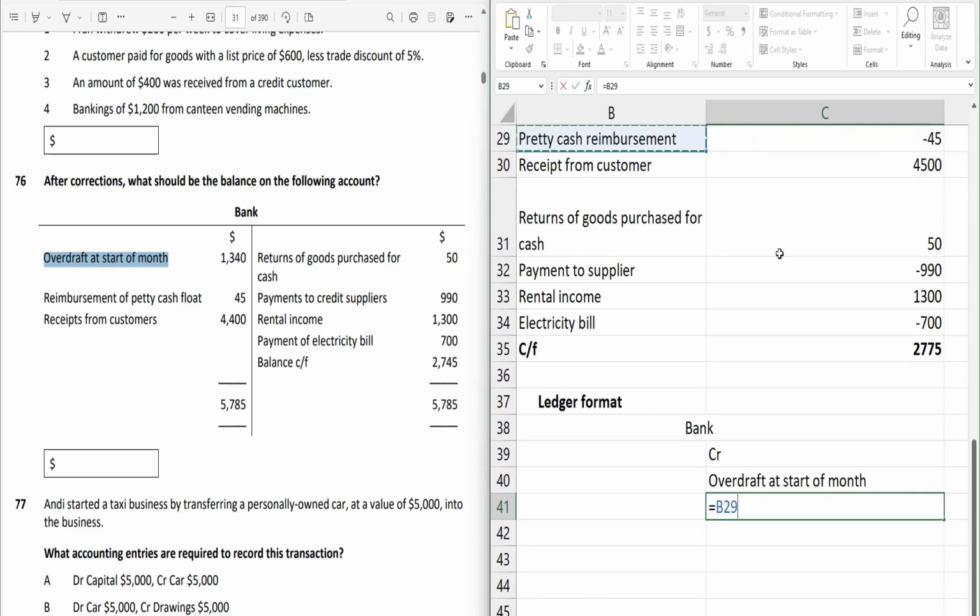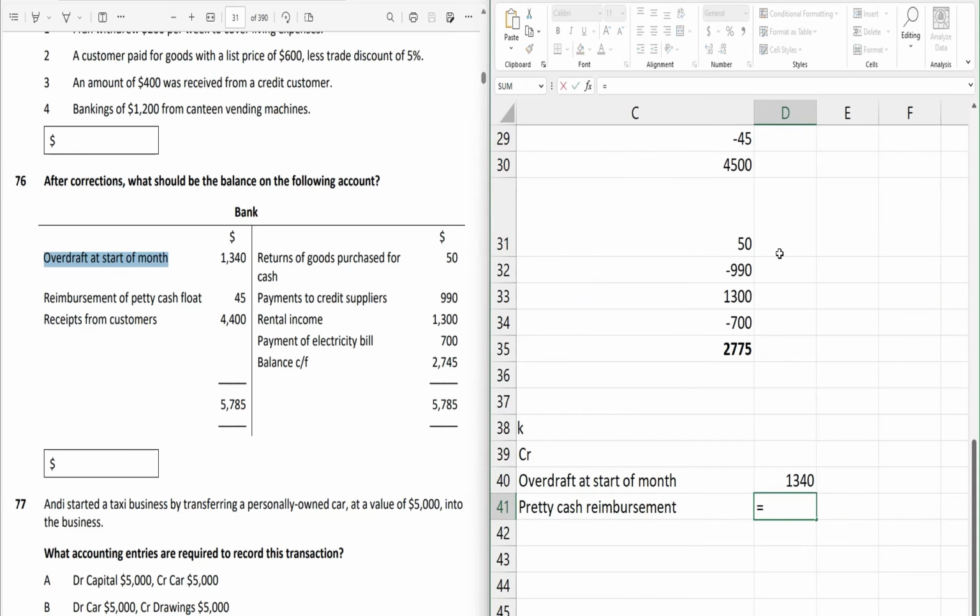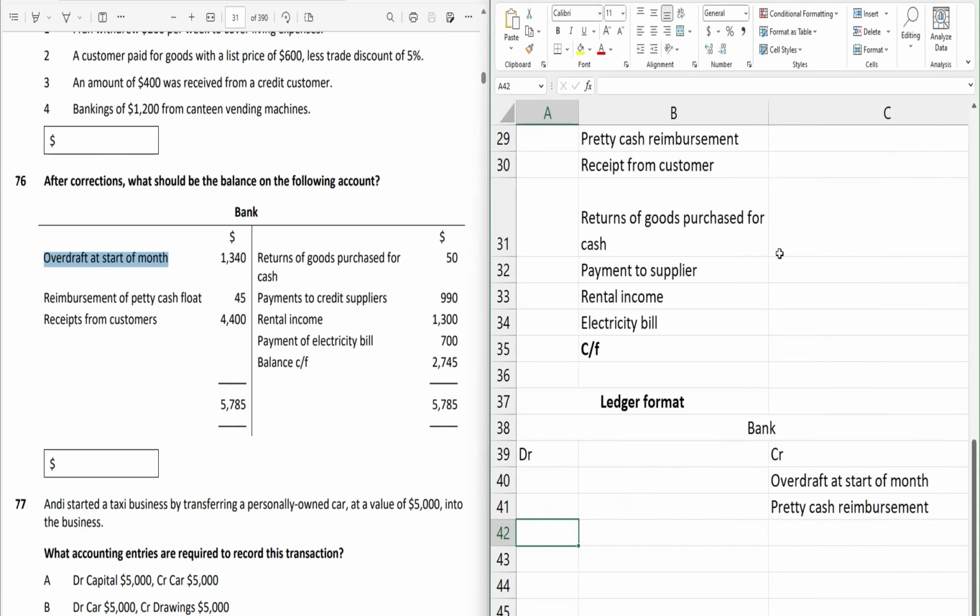Again it will be on the negative side, 45. Then received from customer, it will be on the debit side. The amount is 4500.